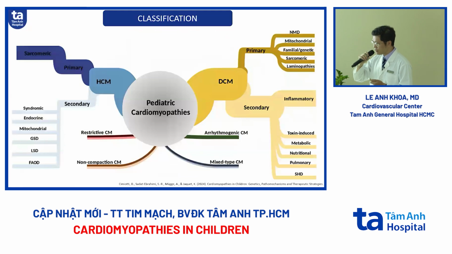I think this slide is the most important slide in my presentation. We can see in the center, the circle is pediatric cardiomyopathies. It's divided into 6 branches, and the thicker the branch, the more common the phenotype is.